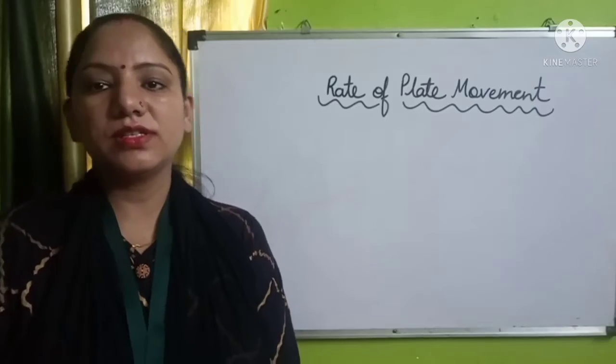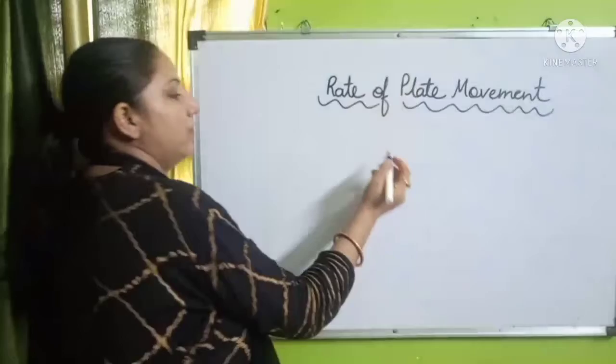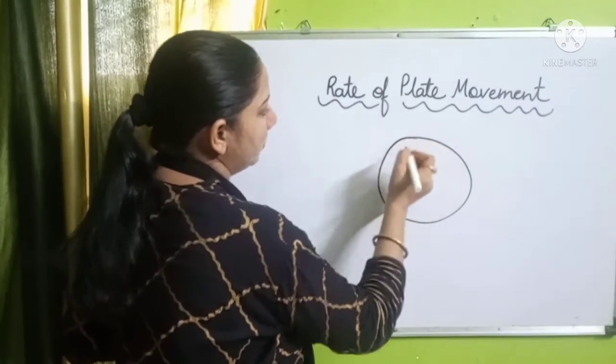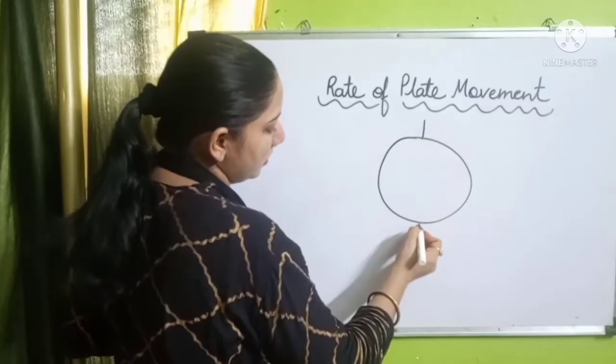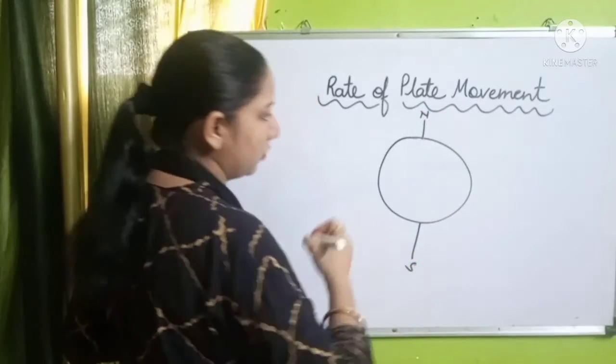Let's see what the rate of plate movement is. We know that our Earth rotates on its axis; suppose that is our Earth, with the north point and the south point.